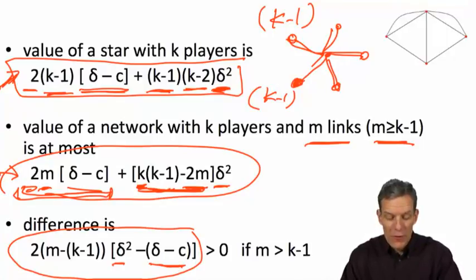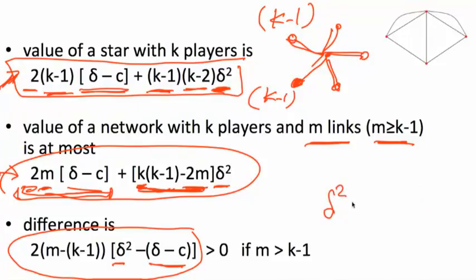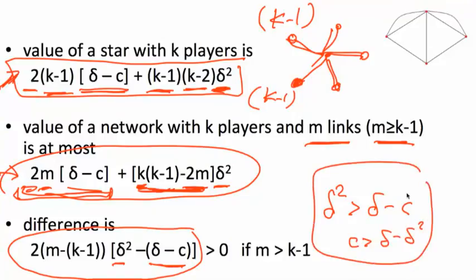And if you remember correctly, we're in the region where delta squared is actually bigger than delta minus c, right? Because we're in a region where c is bigger than delta minus delta squared. So we've got that holding. That means that this thing is positive.